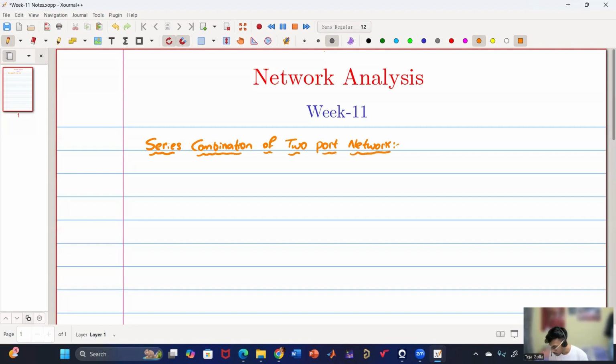Series combination means input is connected in series. So let me show you what I mean by this.